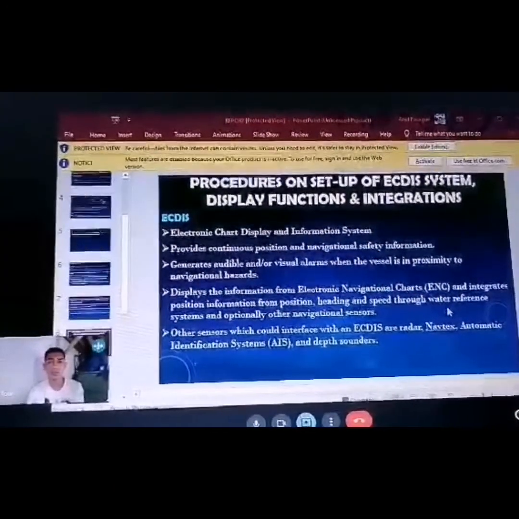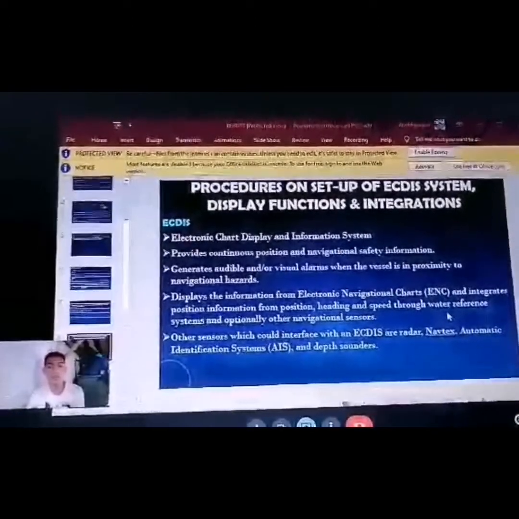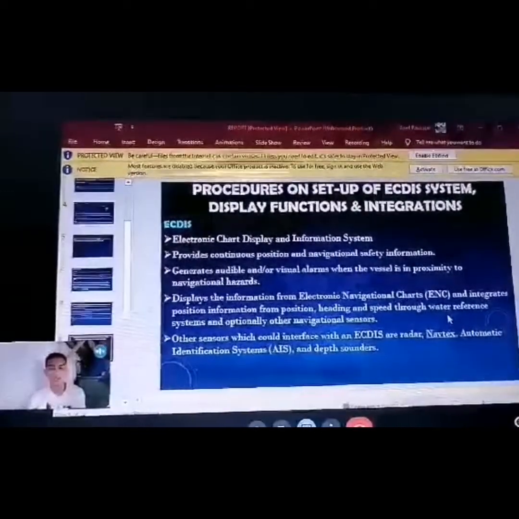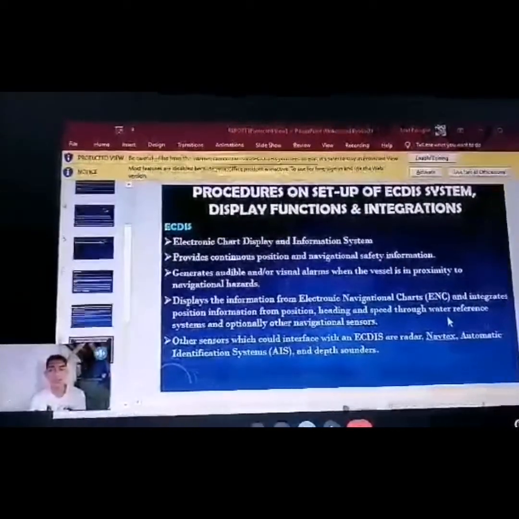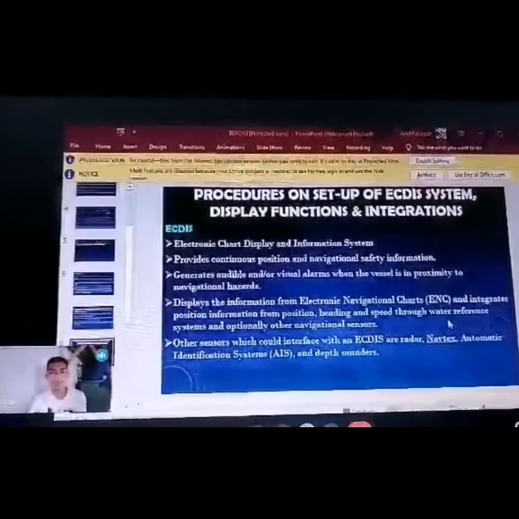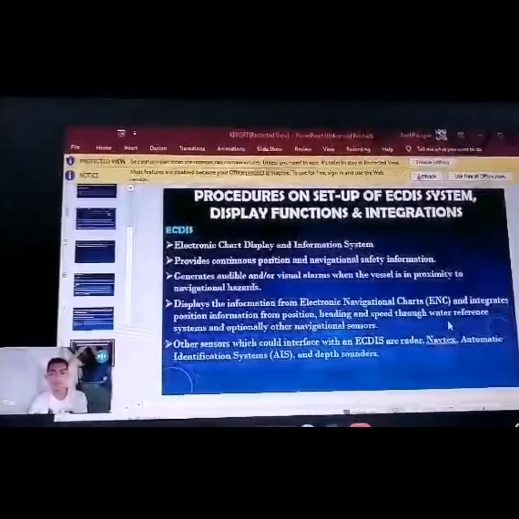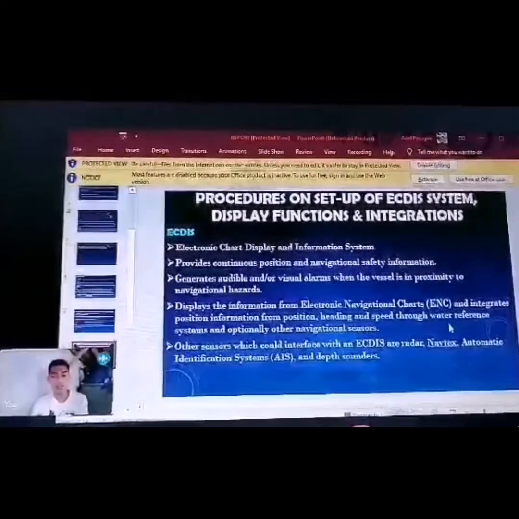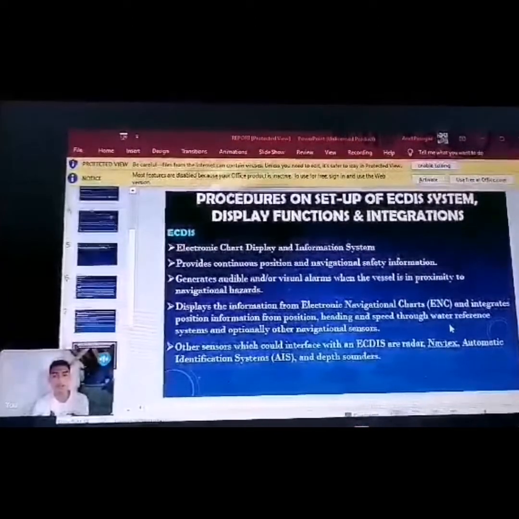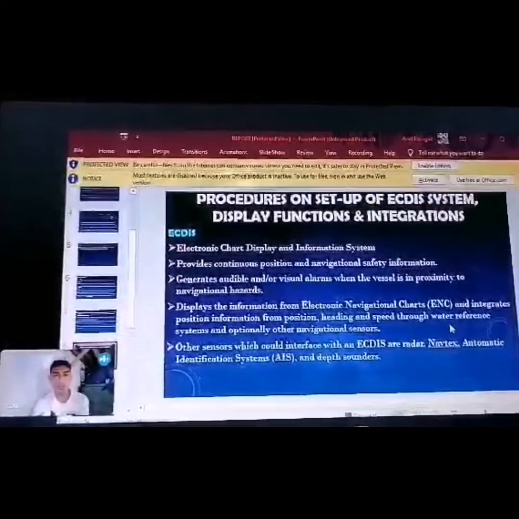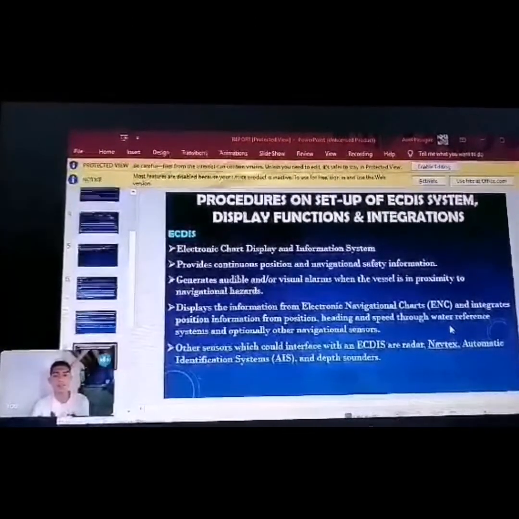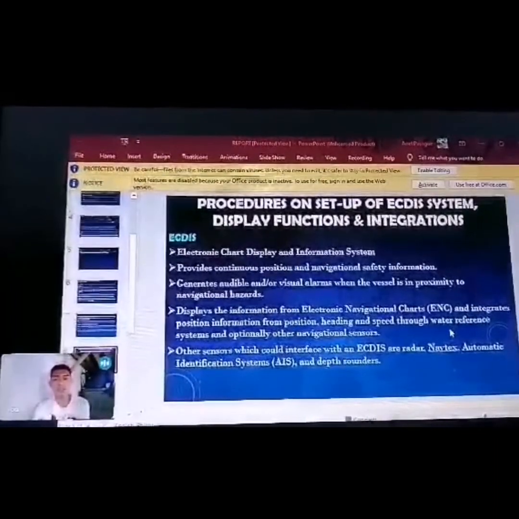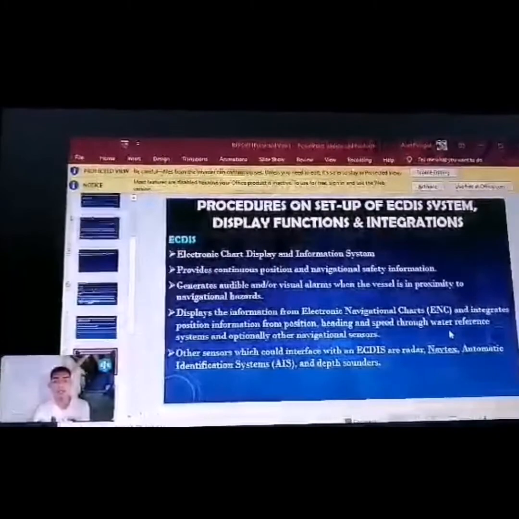So let's proceed to the procedures on setup of ECDIS system, display functions, and integrations. The electronic chart display and information system, or ECDIS, provides continuous position and navigational safety information. It generates audible and/or visual alarms when the vessel is in proximity to navigational hazards, displays the information from electronic navigational charts, or ENC, and integrates position information from position, heading, and speed through water reference systems, and optionally other navigational sensors.